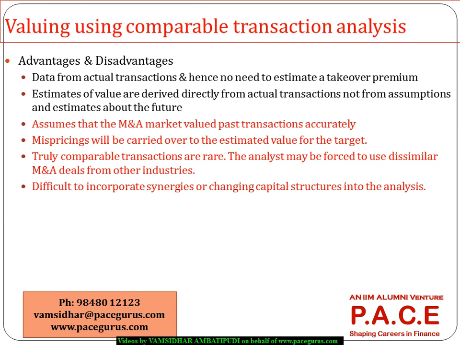So looking at the benefits and disadvantages associated with this process, the advantage over the comparable companies analysis is, here I am not looking at the companies at all, I am directly taking the recently held transaction.